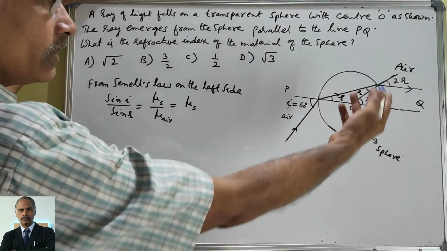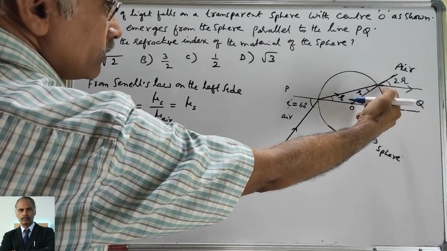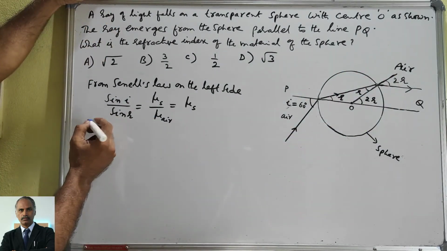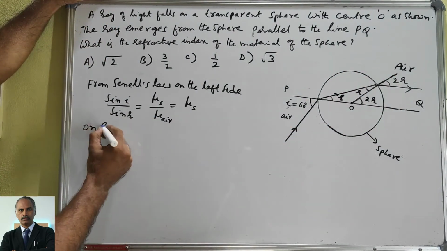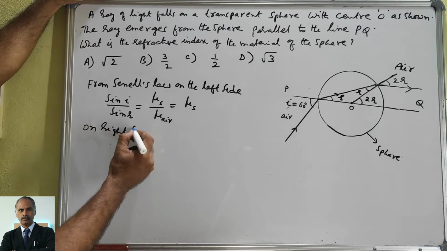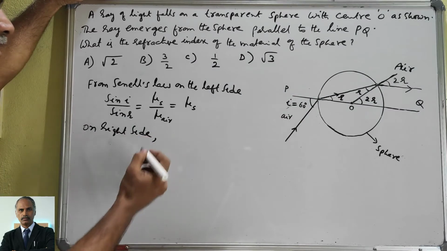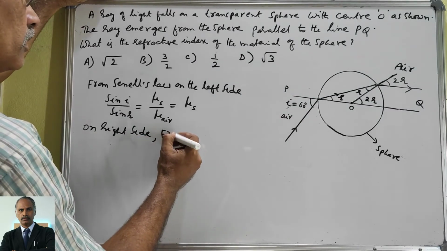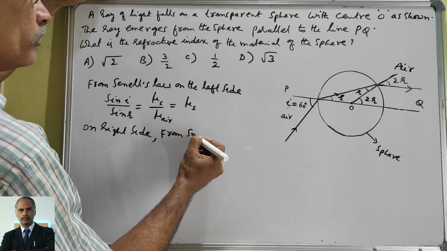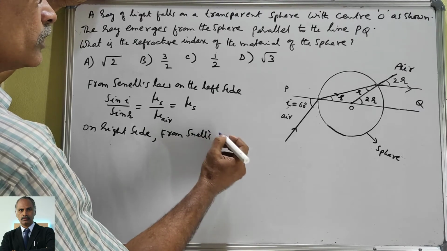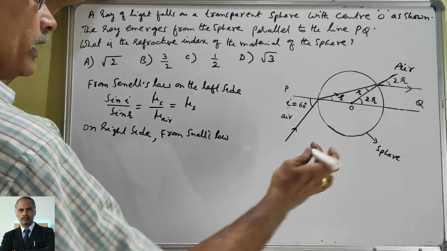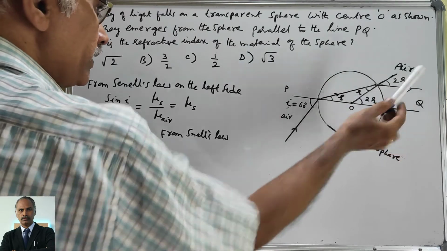Now on the other side, the right side, if we apply Snell's law again, sin R by sin 2R.